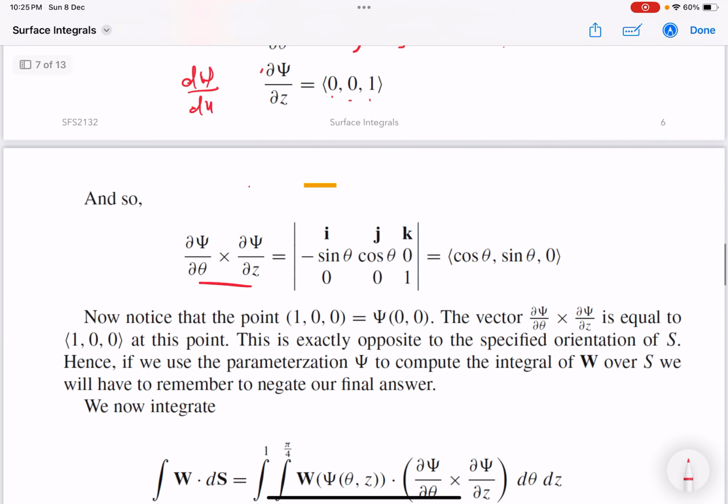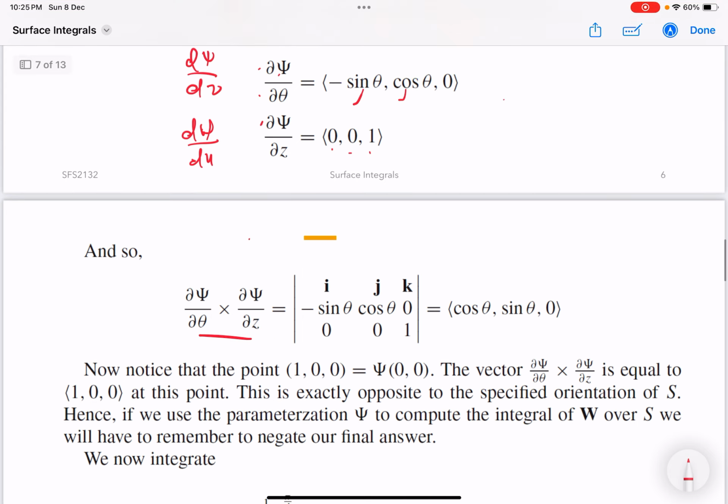So from the cross product, the first part is cos theta minus 0 for the x component.